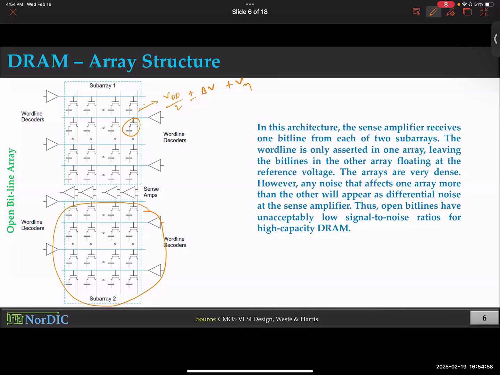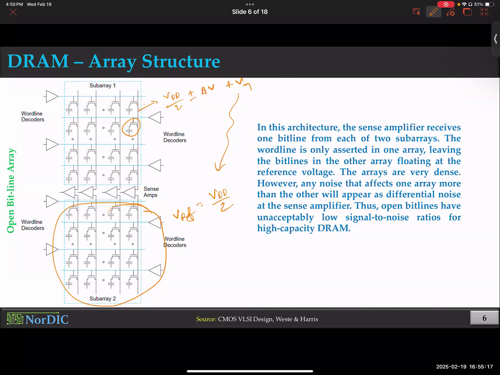But the noise will not affect the reference section equally. The reference was, say, VDD/2. The noise may not affect the reference at all, because it's physically separate, and chances are low that they will be affected similarly by the same noise source.